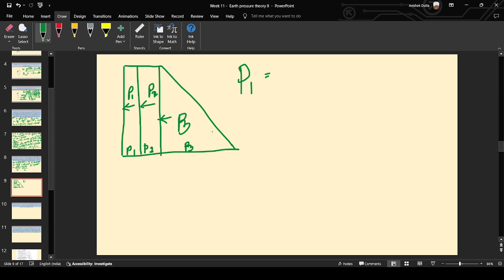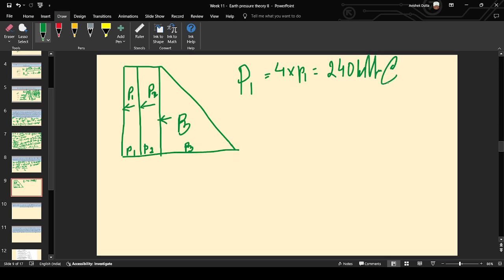P1 is 60, so 4 into 60 equals 240 kN per meter, acting at 2 meter from the base, that is Z1. Okay, Z1 is 2 meter.